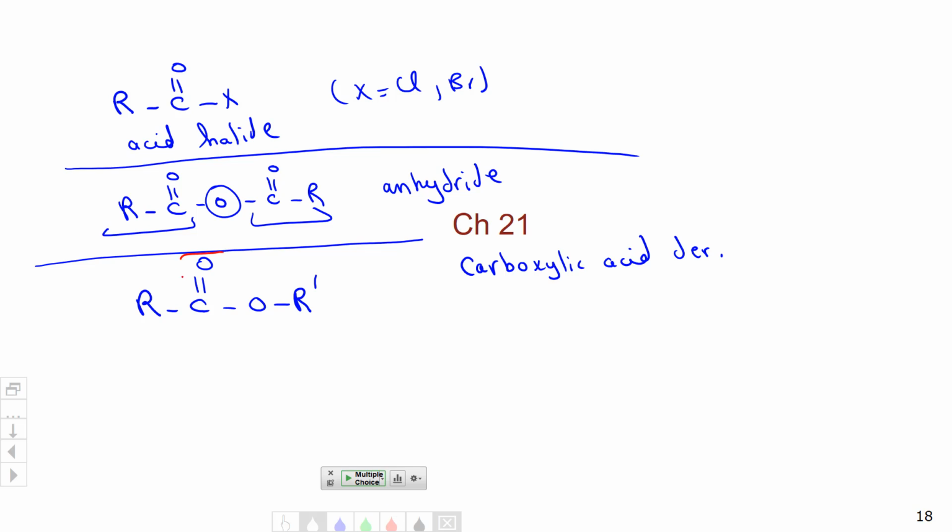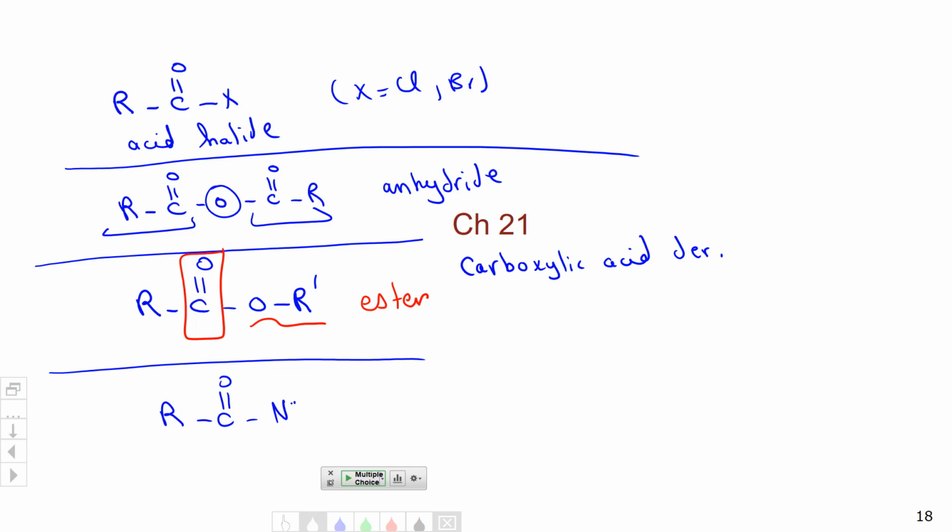It's a C=O, OR'. And the fourth acid derivative is an amide. So these are the four acid derivatives we're going to discuss today: acid chloride, anhydride, esters, and amides.